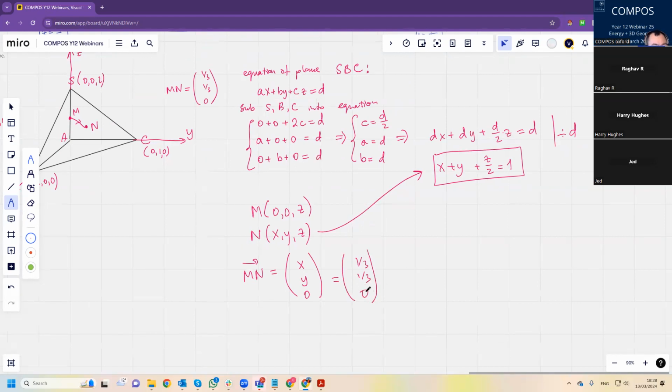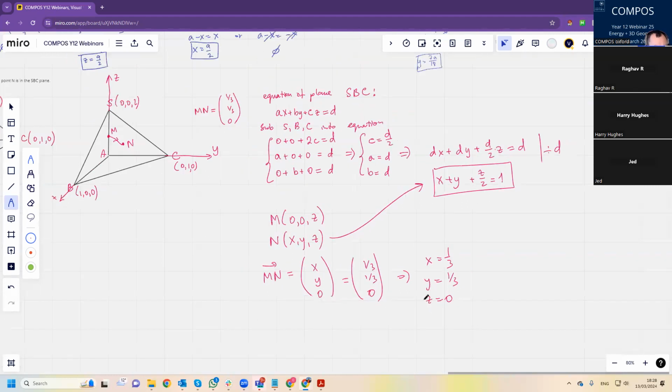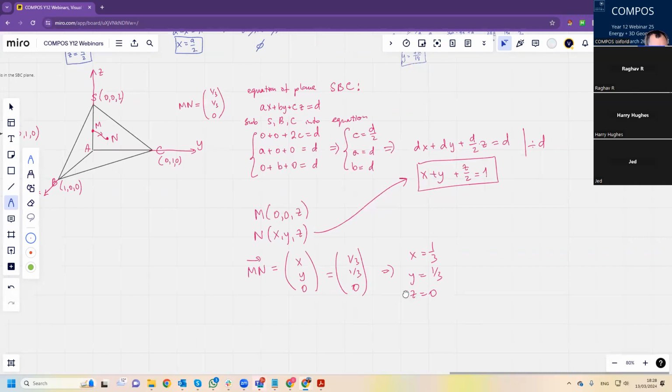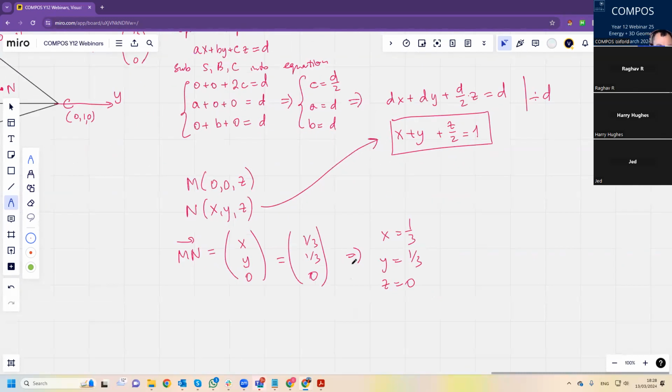That means x is equal to 1/3, and y is equal to 1/3. We don't know z, since 0 is 0. So x is 1/3, y is 1/3.